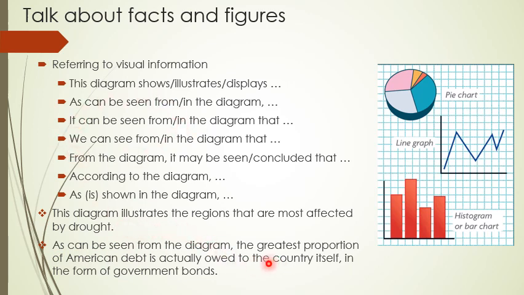The greatest proportion of American debt is actually owed to the country itself in the form of government bonds. Some standard sentences can be used to make it easier for us to talk about figures or any kind of visual information.